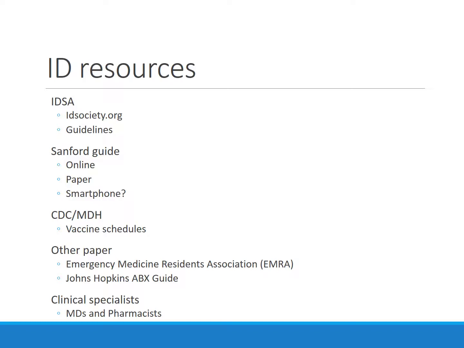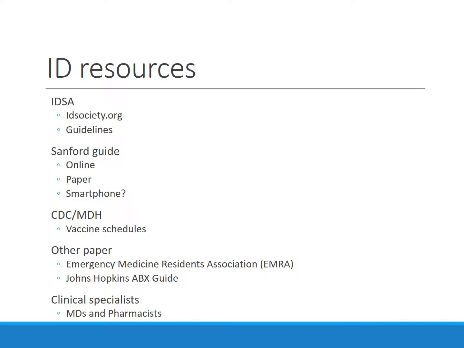So if I have a patient with a lot of allergies and maybe some resistance showing up on their culture, that may be a source I go to say, okay, what are our options here? What actually covers this medication, or what covers the specific bacteria we're looking at? And is that medication an option based on allergies and sensitivities? And we'll talk about all this stuff in a little more detail here.